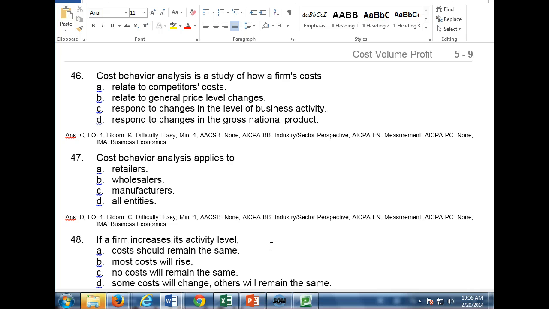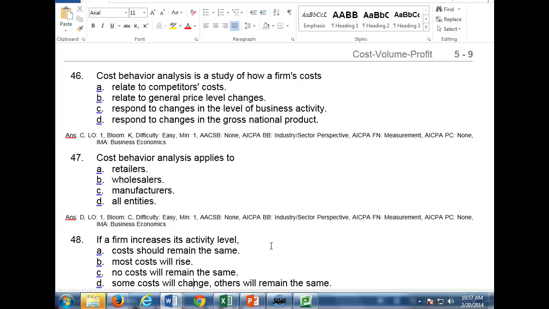What do you think, guys? D? Fixed costs won't change, will they?